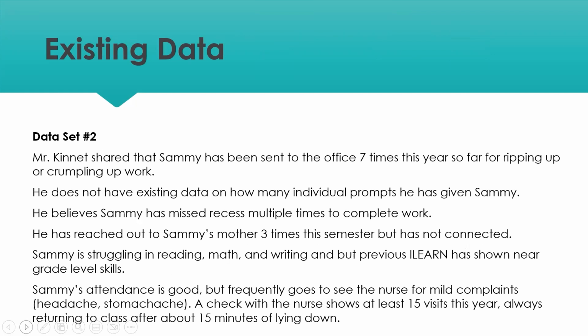He's tried to reach Sammy's mom 3 times, but has not yet connected with her. Sammy struggles in reading, math, and writing, but his iLearn scores are near grade level. He has good attendance, but he goes to the nurse a lot for a headache or stomach ache. The nurse says he's been there at least 15 times, and he usually stays about 15 minutes.